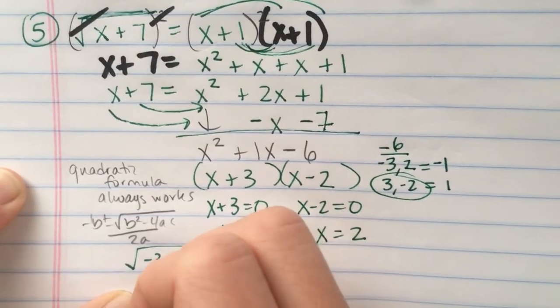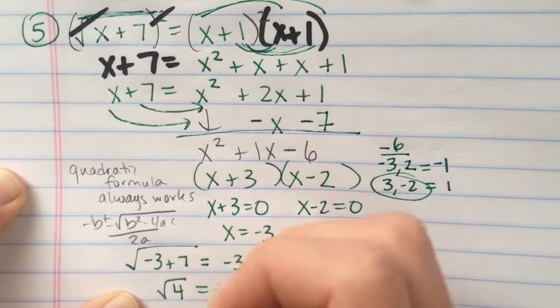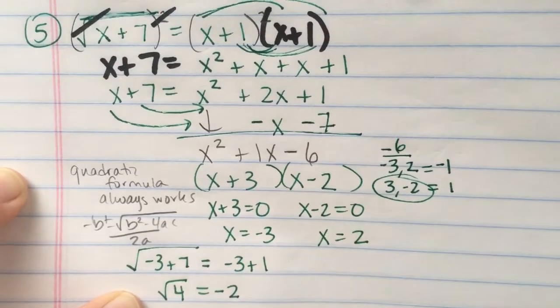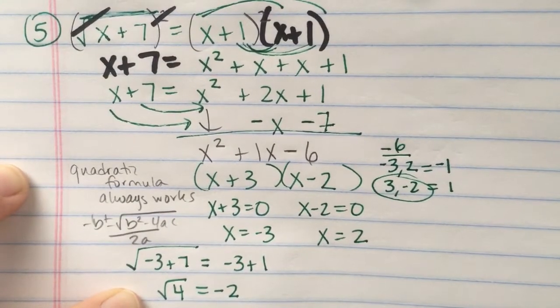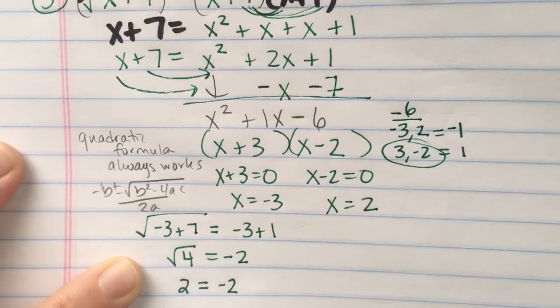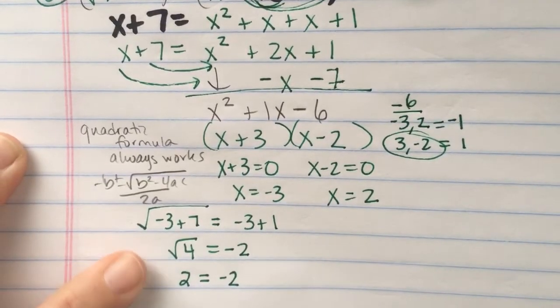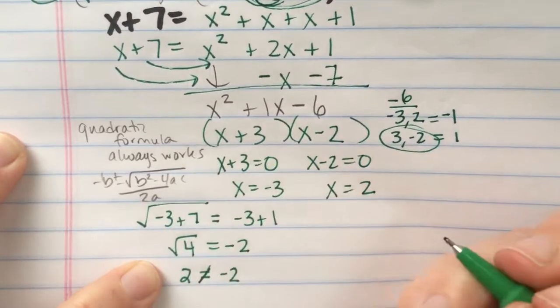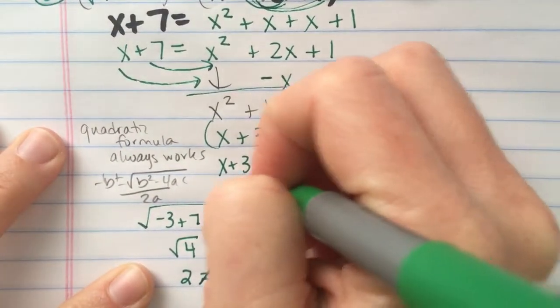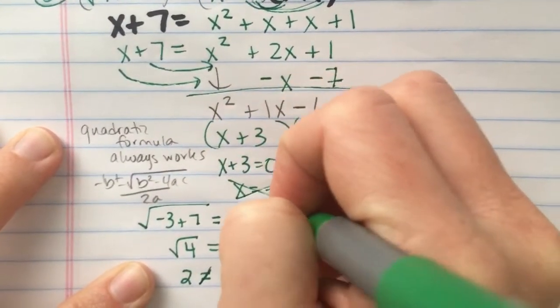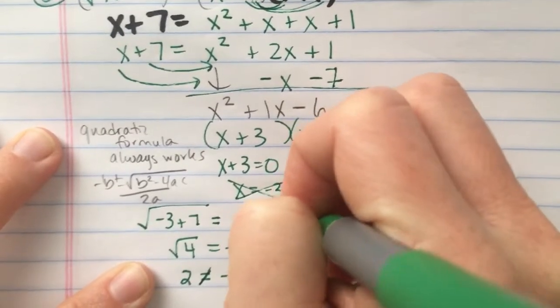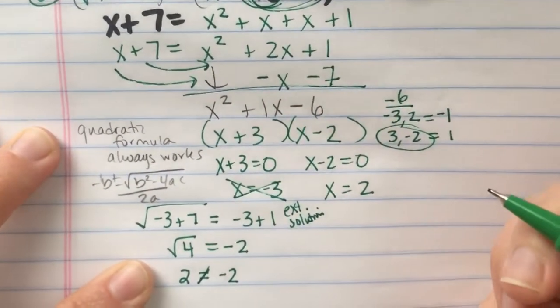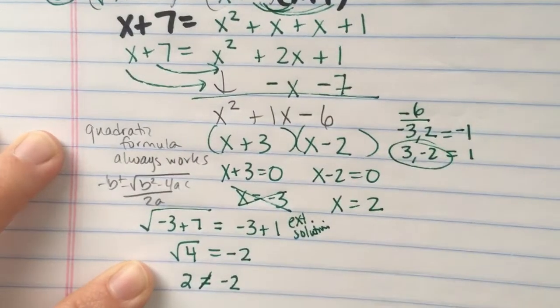Well, the square root of 4 is 2. You do not do plus or minus in this case. So the square root of 4 is +2, so this is not true. So this is actually an extraneous solution. -3 is an extraneous solution.